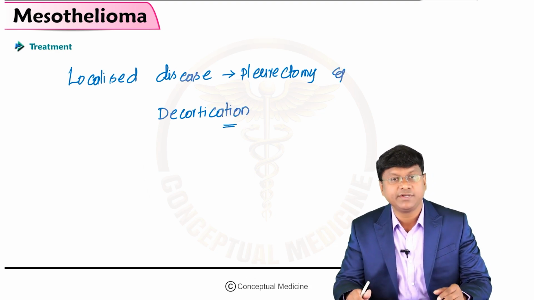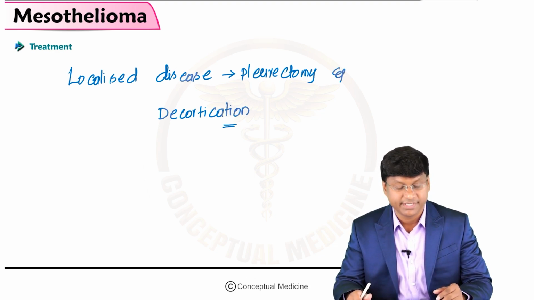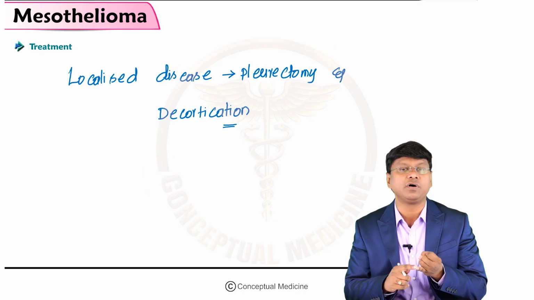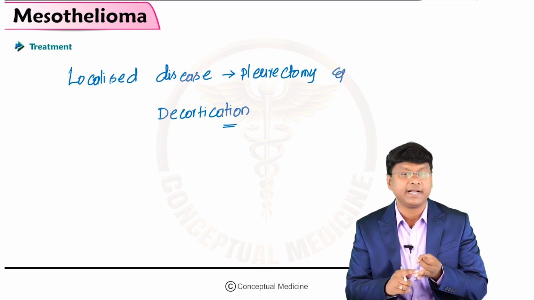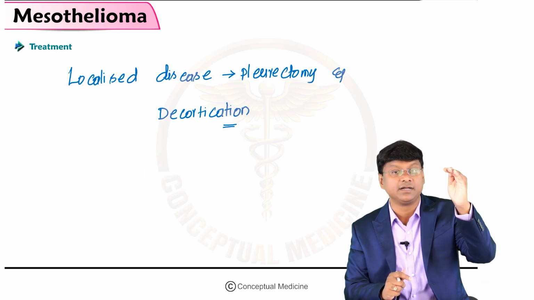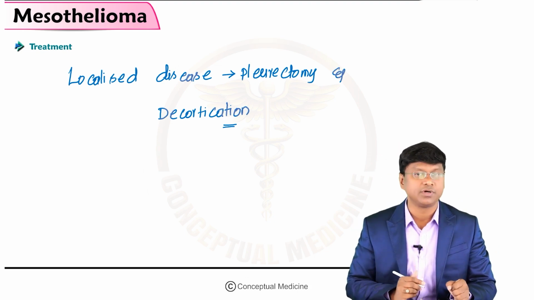Now, what is this decortication? Decortication is surgical stripping of the pleura and pericardium from the apex of the lung to the diaphragm. That is what is called decortication.